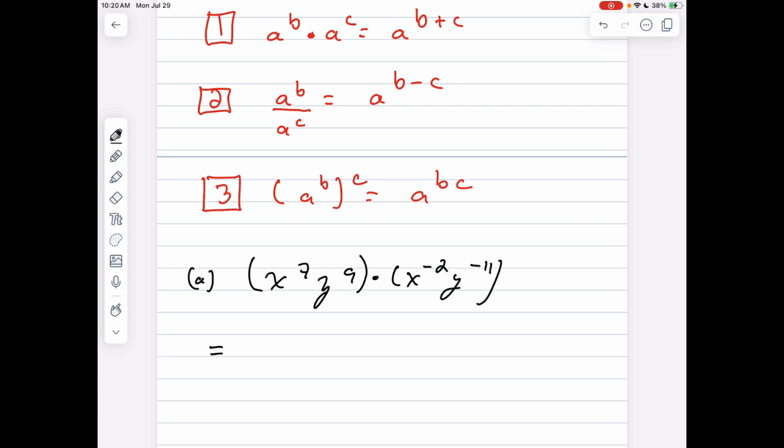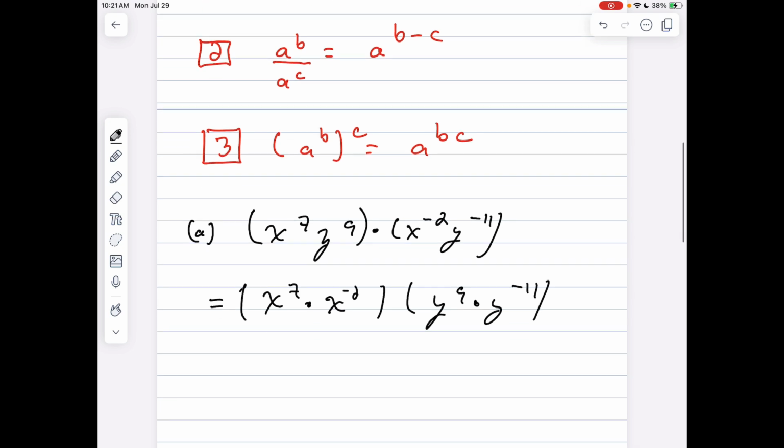So I'm going to rewrite this as x to the 7th times x to the minus 2 times y to the 9th times y to the minus 11. I grouped the x's together and the y's, and we're allowed to do that by properties of commutativity, associativity, etc.